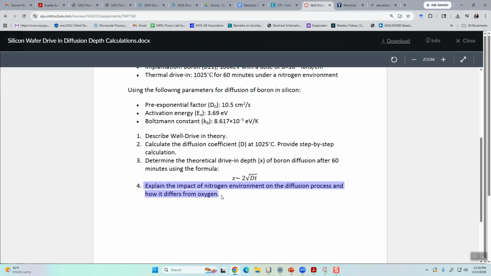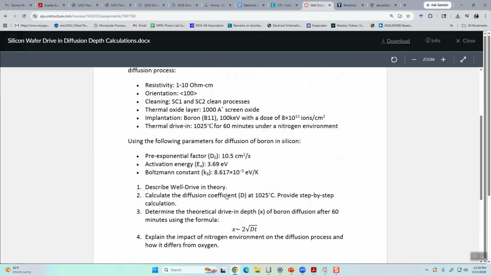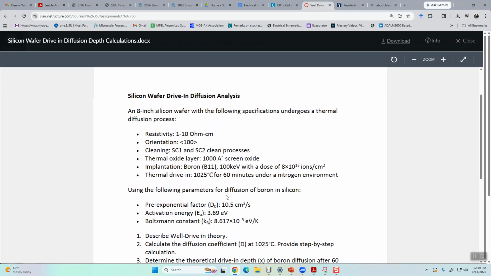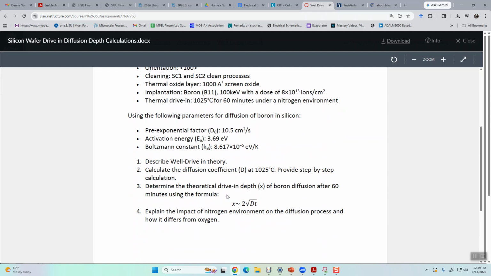In our case, we're using solid, I don't know, it shouldn't affect it at all because we're just flowing nitrogen and we've capped it with silicon dioxide, but whatever the professor says. So hopefully that explains how to do this problem. Let me know if it doesn't.